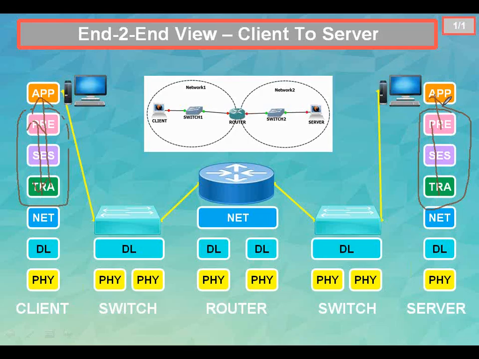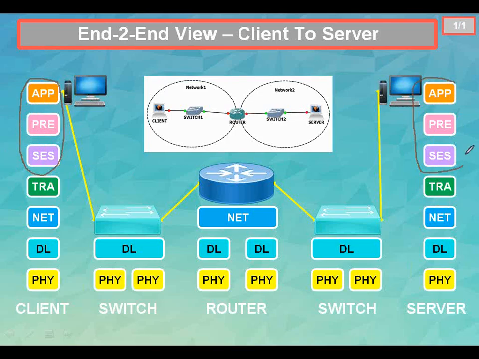Can't we generate one single software which can do the job? I have already told you this example, right? I've already told you application, presentation, session can be combined. If you combine those 3 things, it's equivalent to which model? The 5-layered model, because these 3 things together we call the application layer.